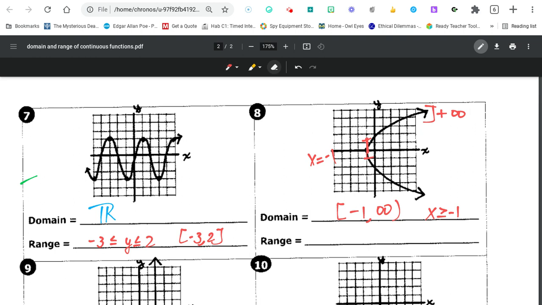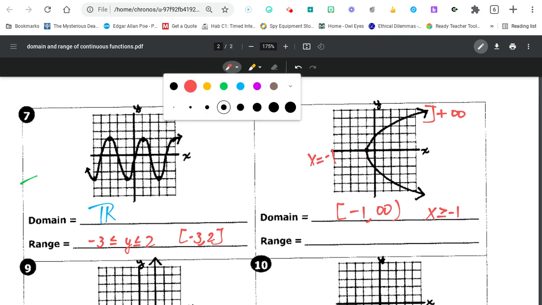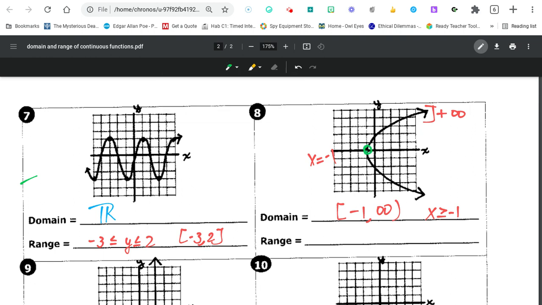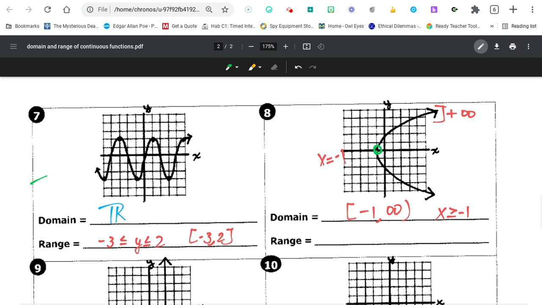Guys, I'm going to show you something real quick, because tomorrow I may give you something that looks like this. Now pay attention. Instead of a closed circle right here, I might put an open circle on that. That means that -1 is not included in your solution. So you would do -1 to positive infinity with a parentheses.